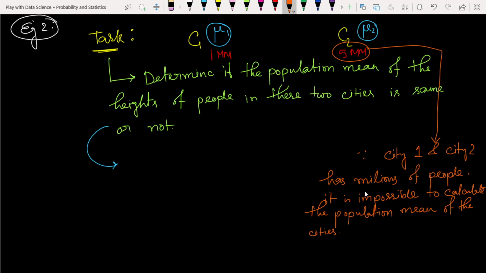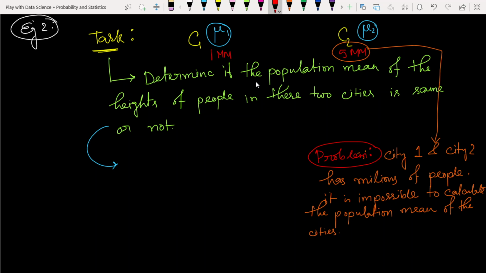This is the main problem we face here, because calculating the height of individual people is not possible in general. So how will we find this mean? How will we calculate this?